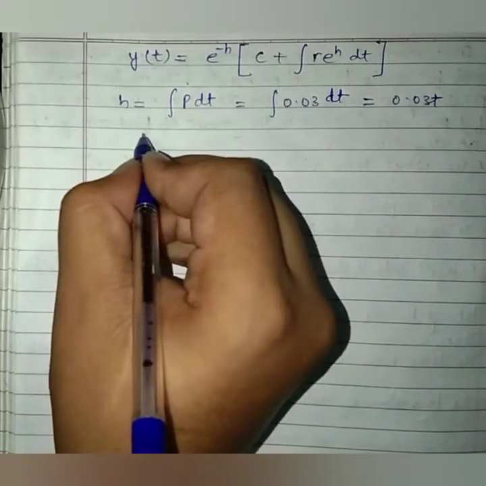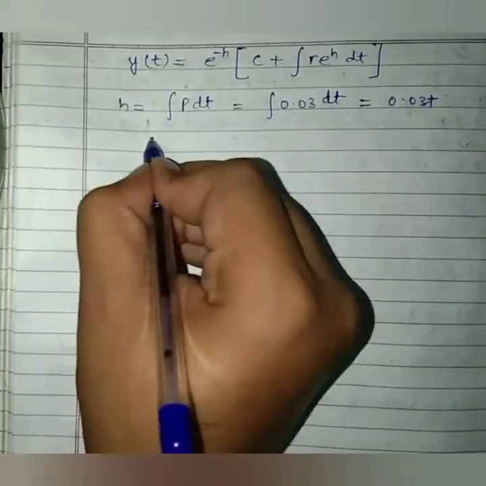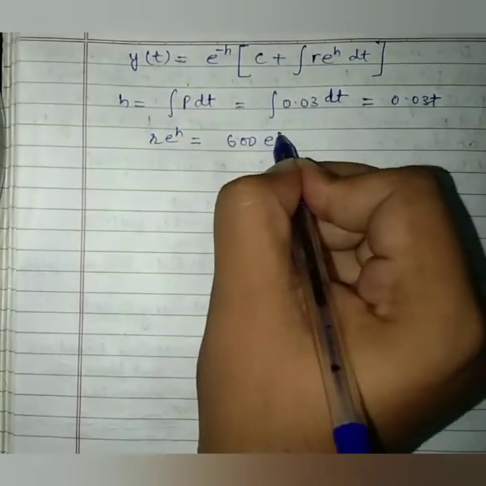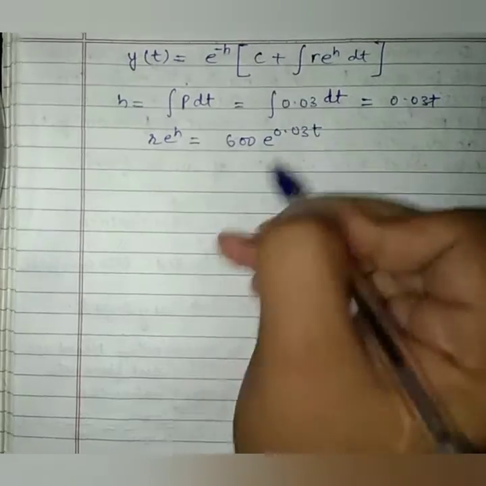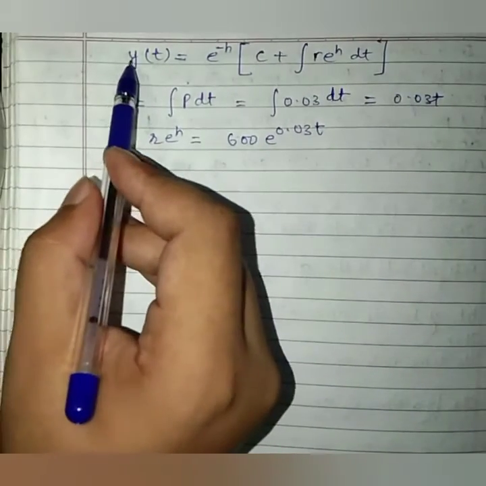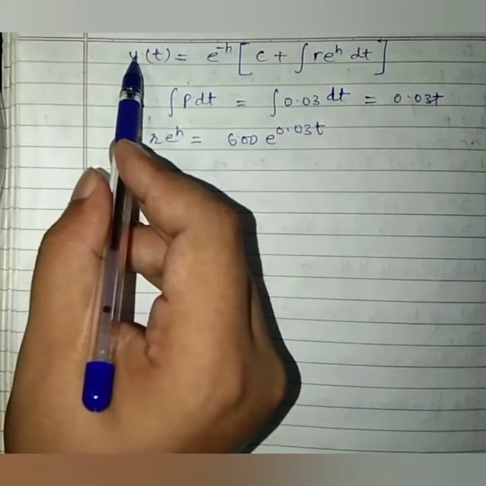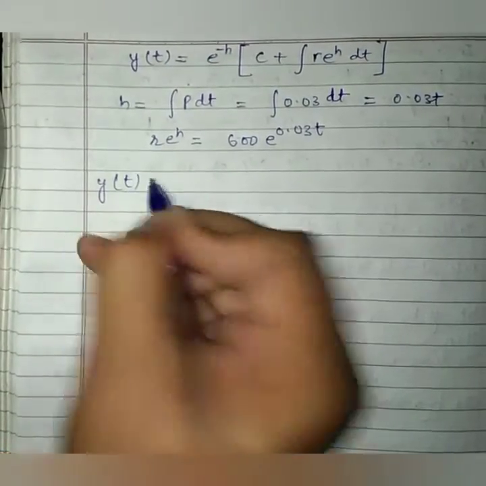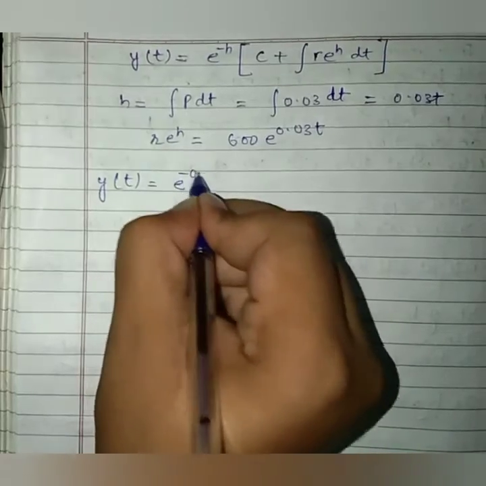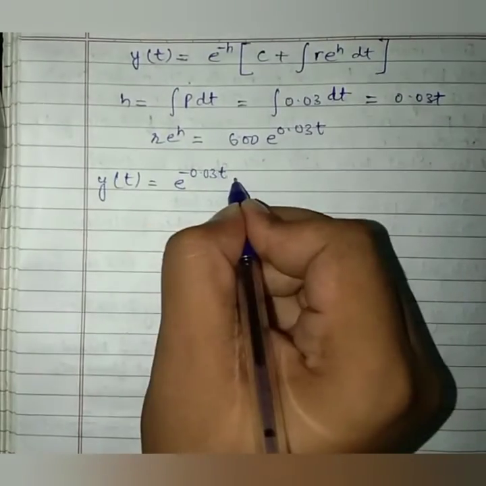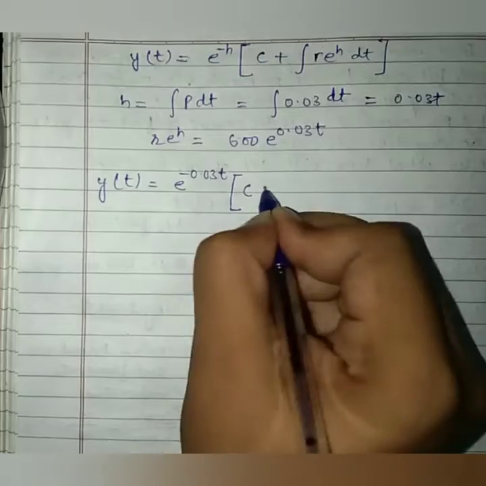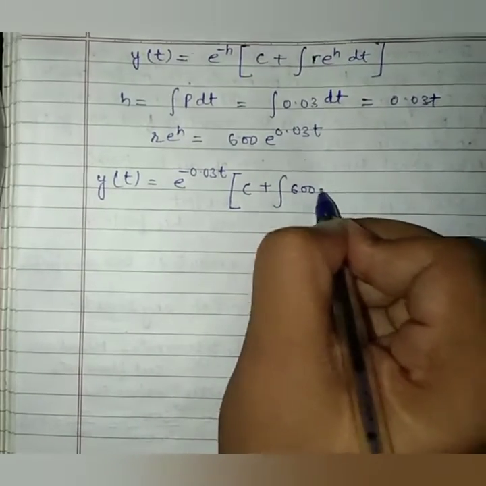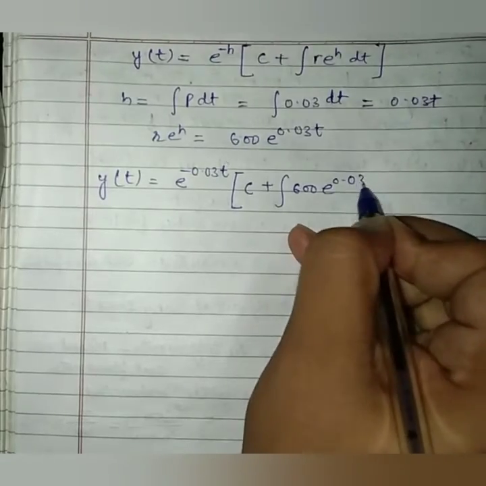So r e power h will be 600 e power 0.03 t. Putting the values in this equation, y of t equals e power minus 0.03 t, c plus the integral of 600 e power 0.03 t.